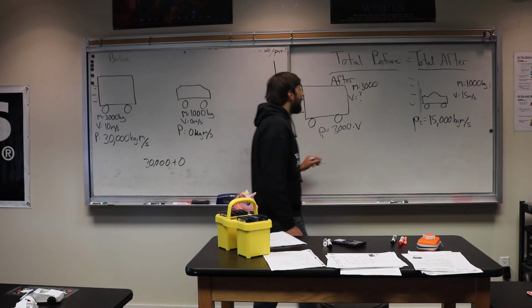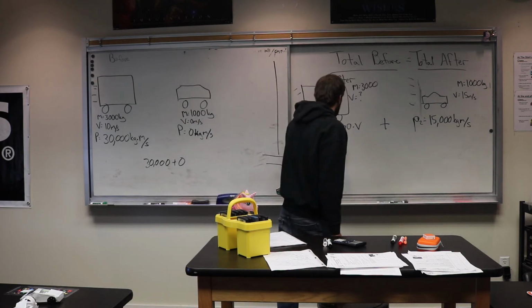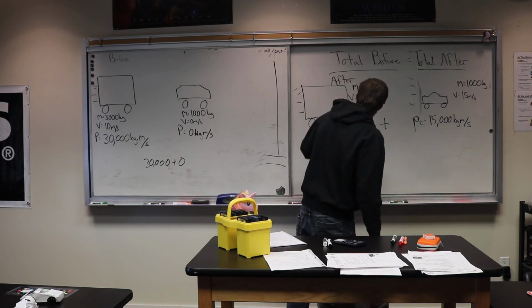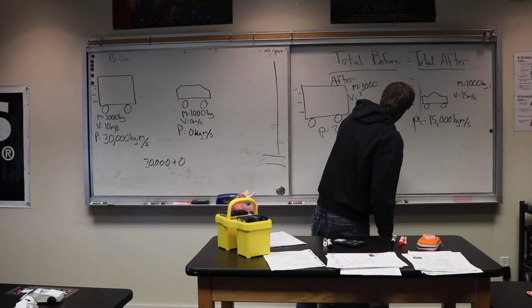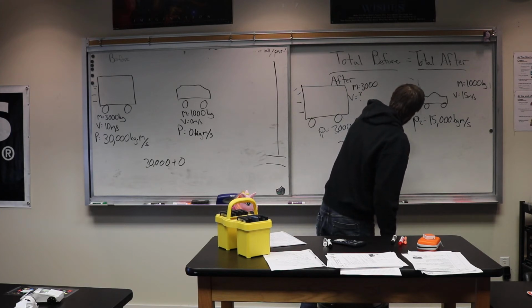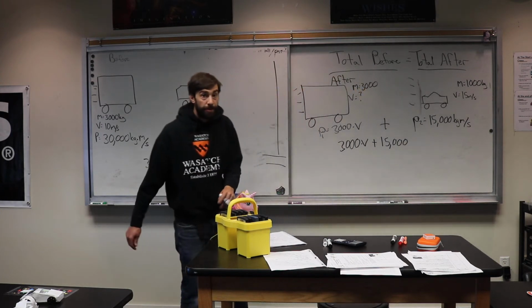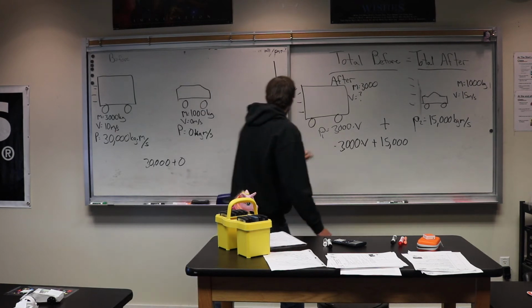All right. So now we need to add these two up. So we have 3,000 V plus 15,000. Sweet. And we've already set this equal to the other side.